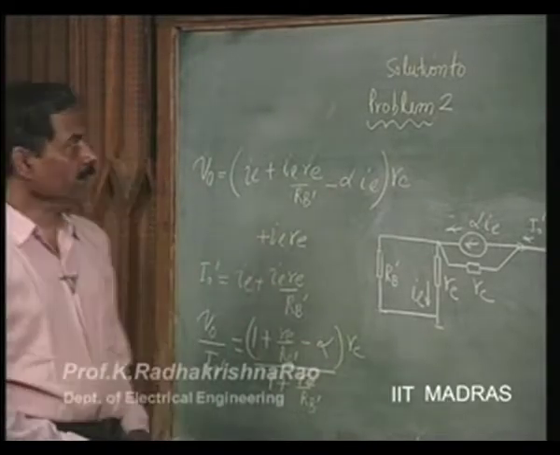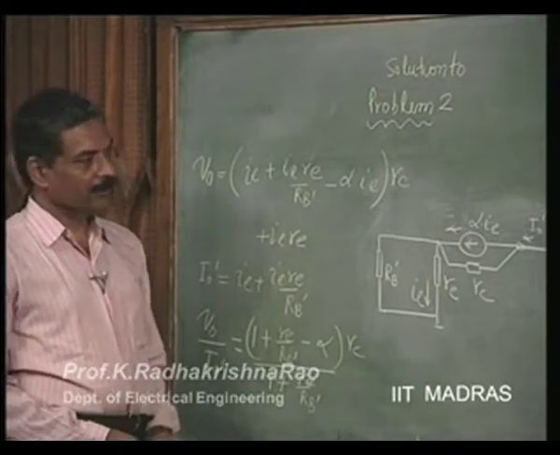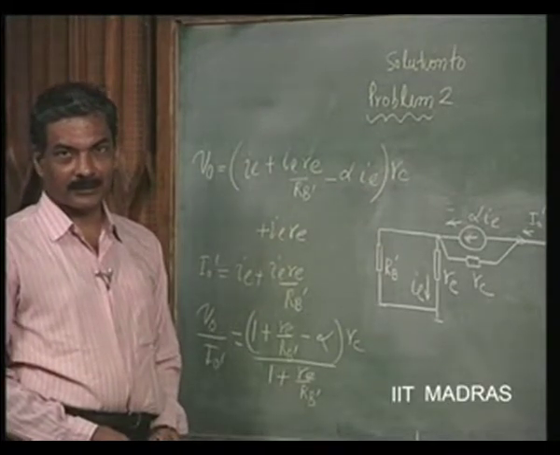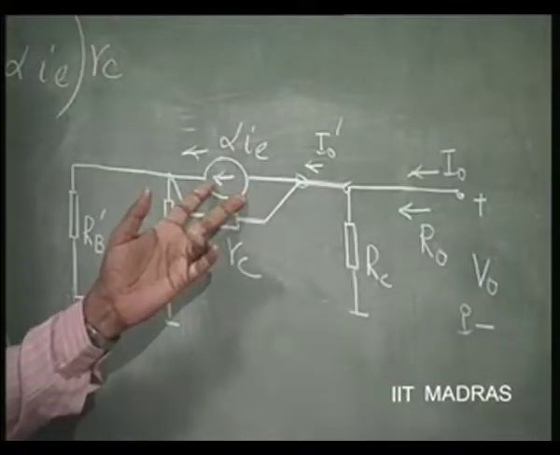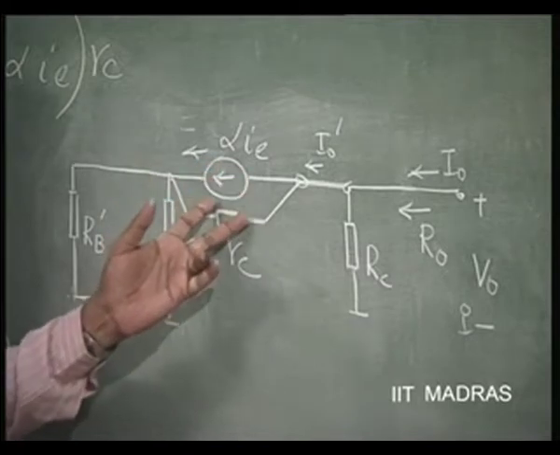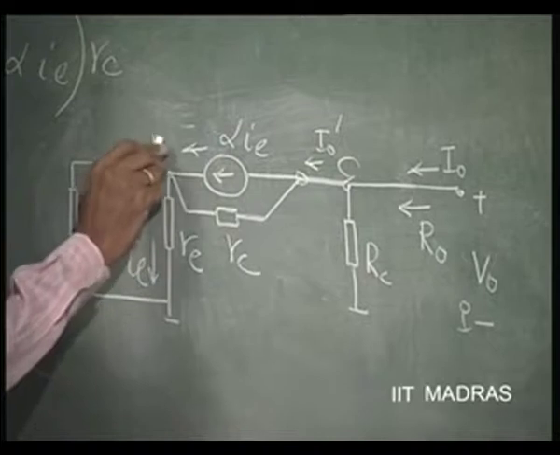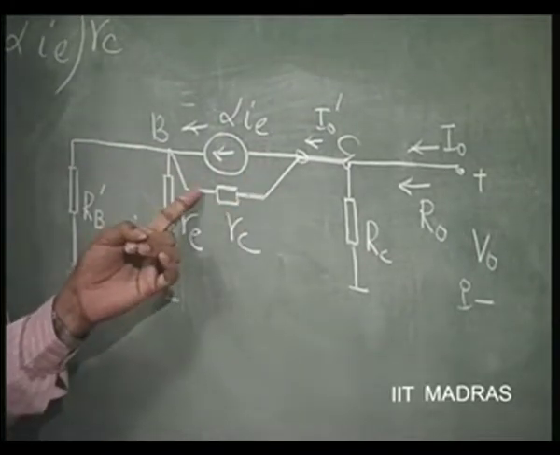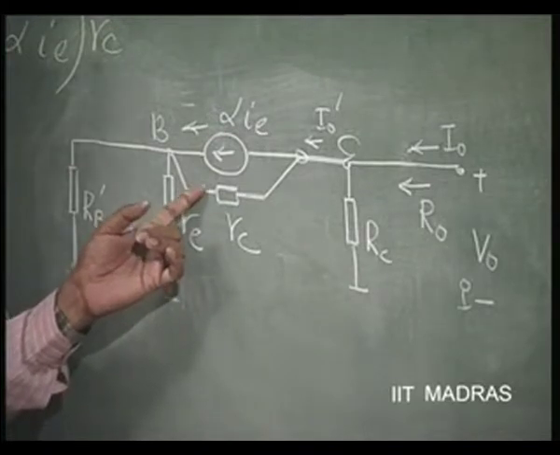In the last class, we were asked to find out the common emitter amplifier output impedance when the so called current source was not ideal. The current source between collector and base is a reverse bias junction, so it must have a high resistance across it, of the order of mega ohms, tens of mega ohms.